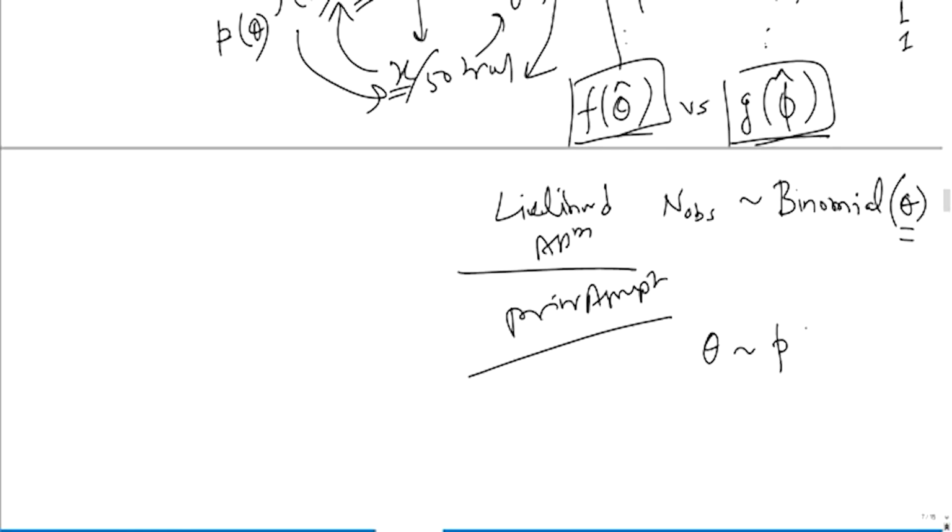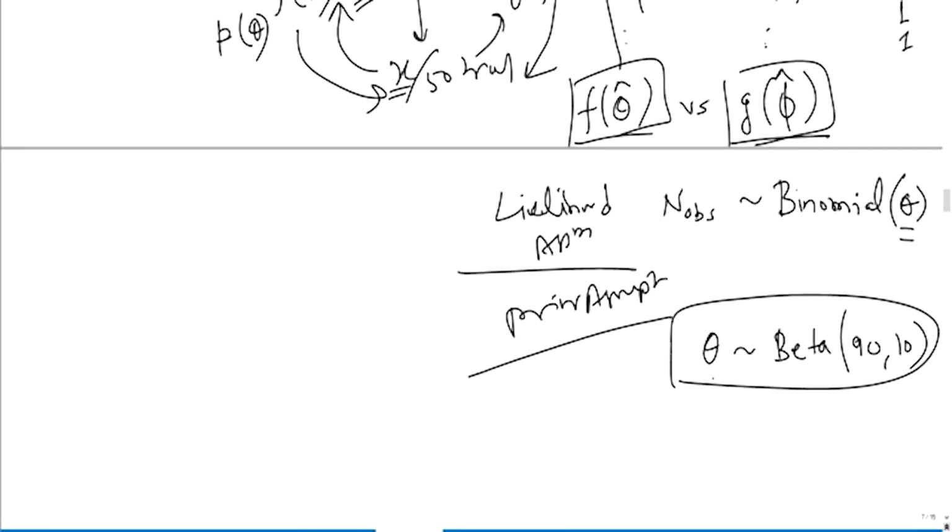So, let us say we decided that theta has distribution Beta 90-10 or something. Okay. So, this is our prior belief or prior assumption about theta. This prior assumption could depend on many factors. We will discuss them later in the next lecture, but the idea here is to make some prior assumption about theta. How do we make this prior assumption? That we will see later on.